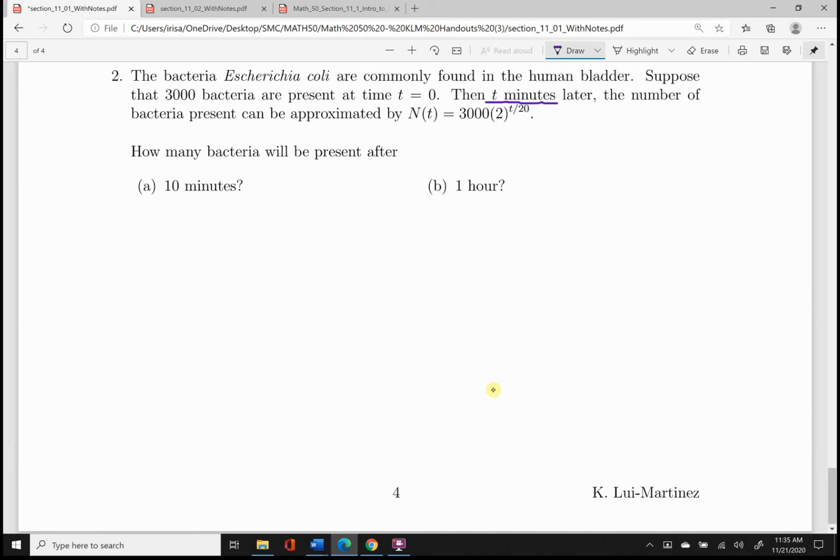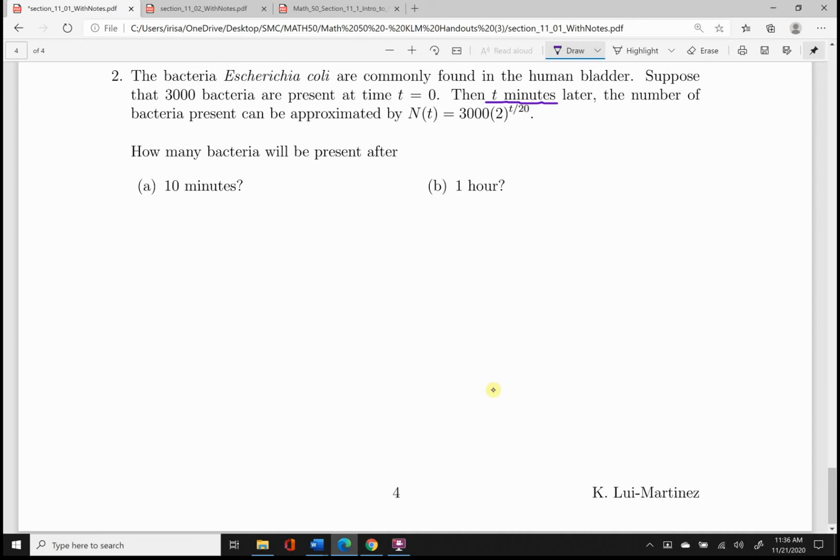And this model is modeling the bacteria Escherichia coli, or E. coli, commonly found in the human bladder. So suppose 3,000 bacteria are present at time t. That's giving you an idea of how this exponential function is being constructed. So here's your principal amount, and then here's the growth rate, and then we need to take the t minutes and break it into increments of 20.